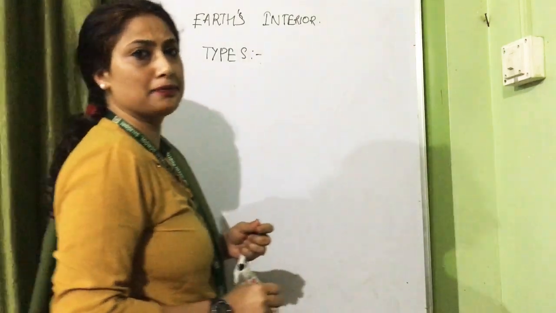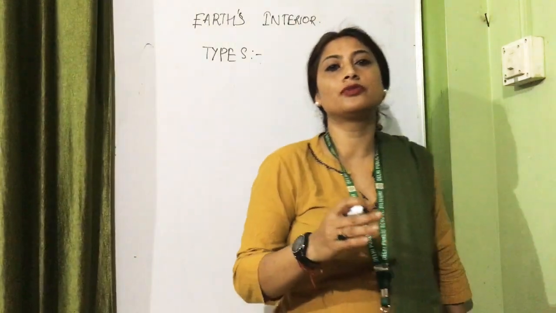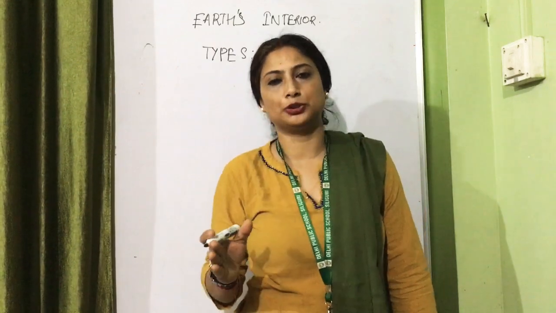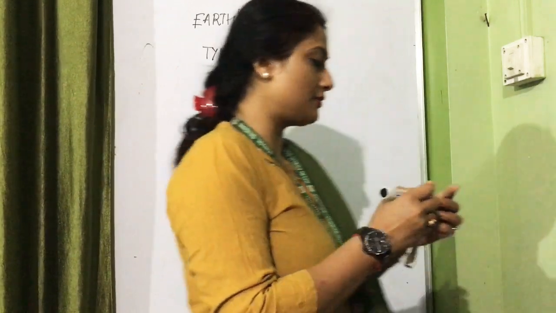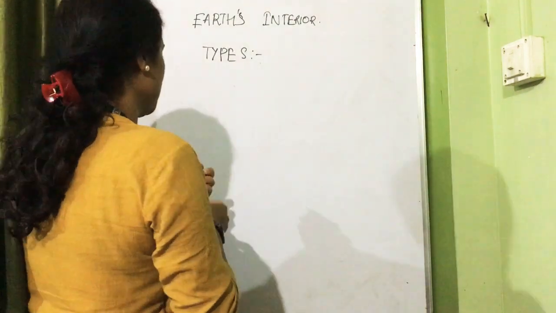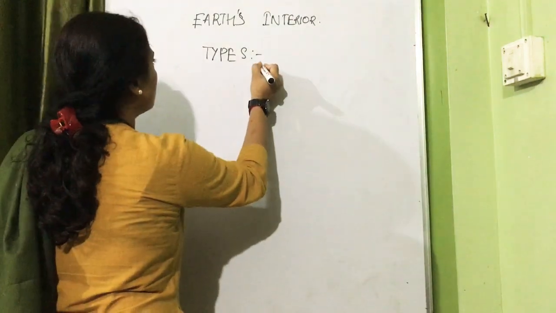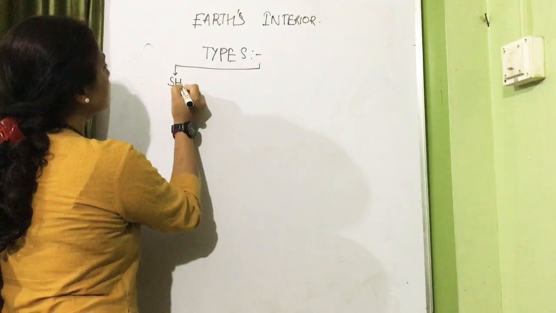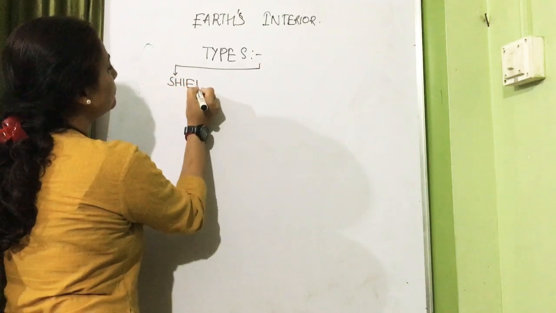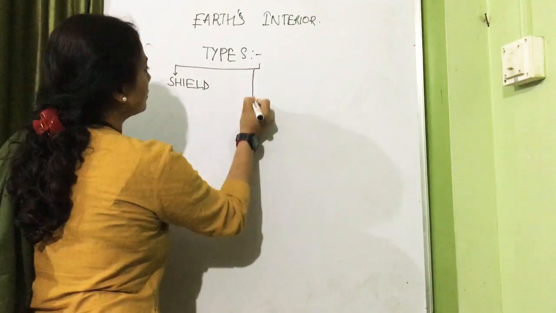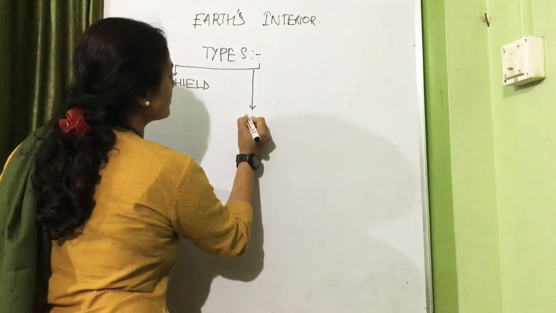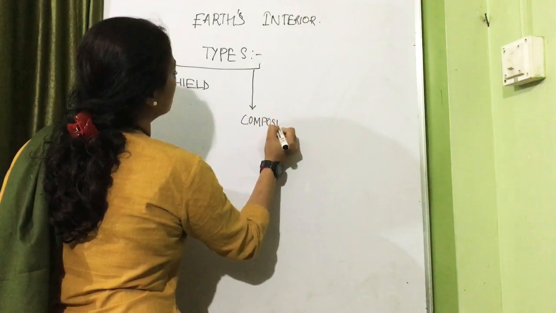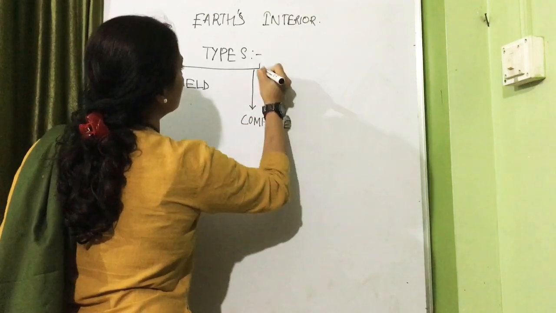If I talk about the types on the basis of their intensity or the nature of eruption, volcanoes can be classified into 4 categories. One is known as shield volcano. The second one is known as composite volcanoes.